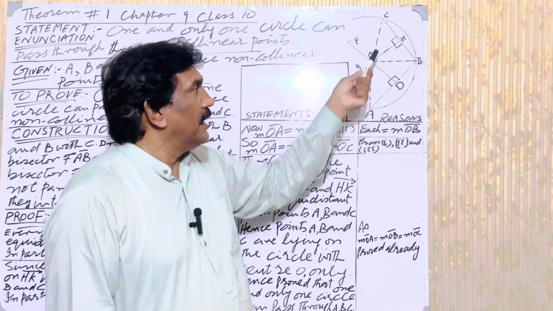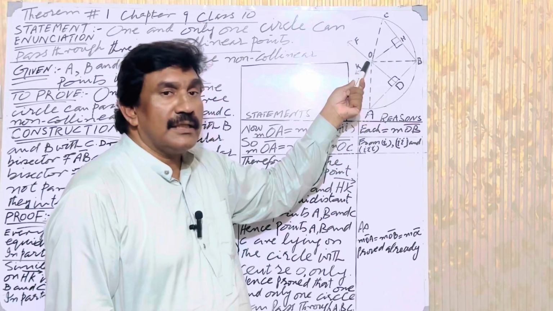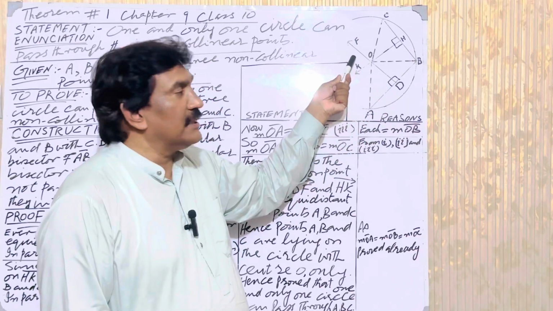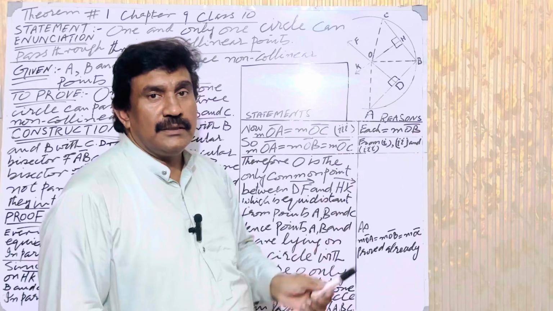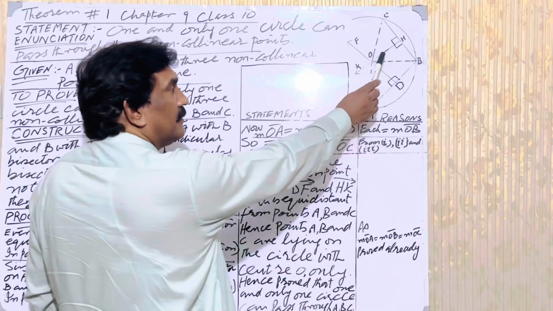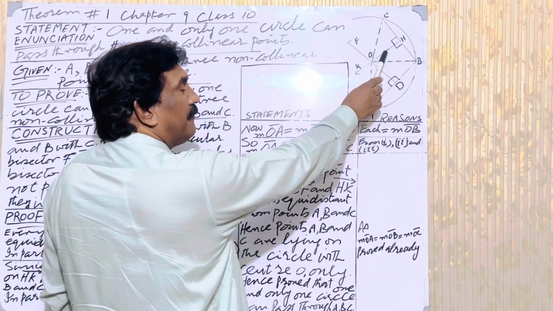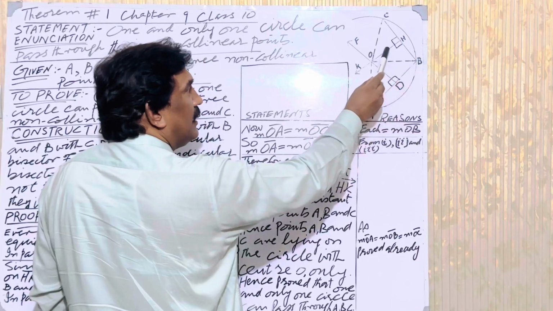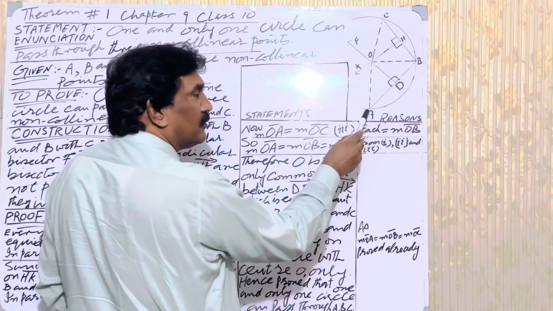So that is why if we take any other point other than O, here or above, that will not be equidistant from all three points. Similarly, we take any point here, suppose, okay, we can take P. This point P will be equal to PB and PC, but will not be equal to PA.